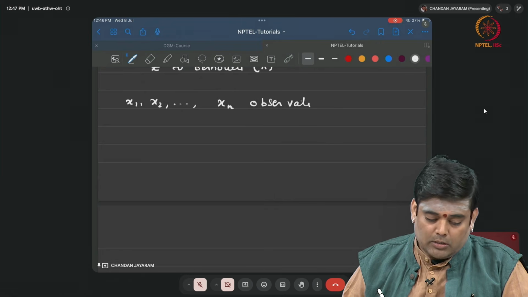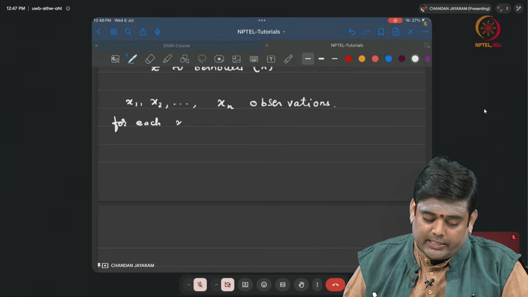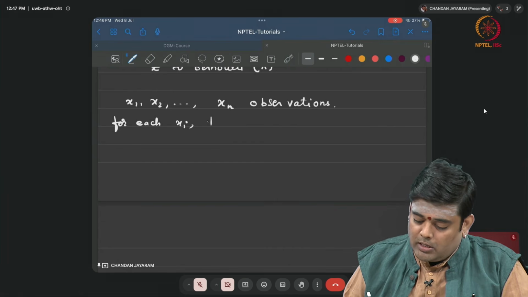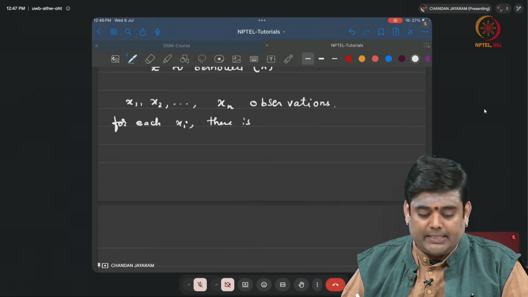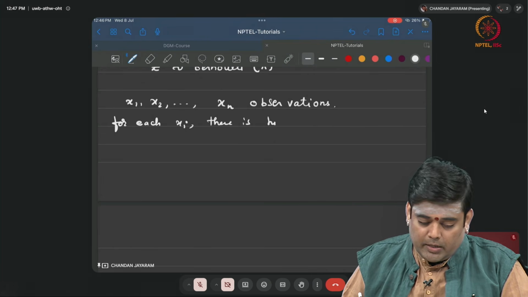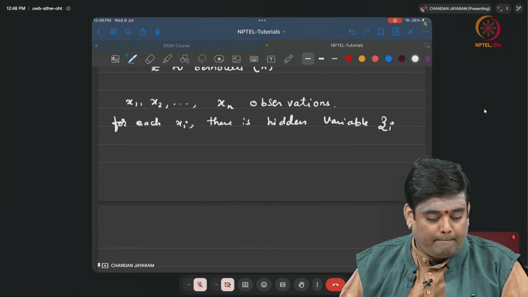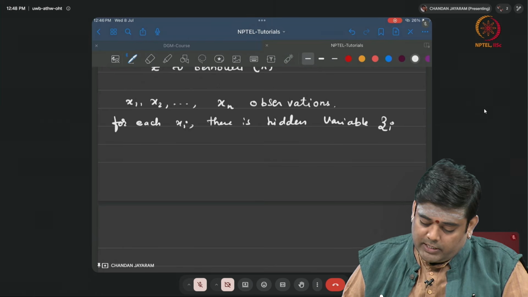Okay. So now for each xi, there is a hidden latent variable zi. Now therefore, how does the complete data look like?